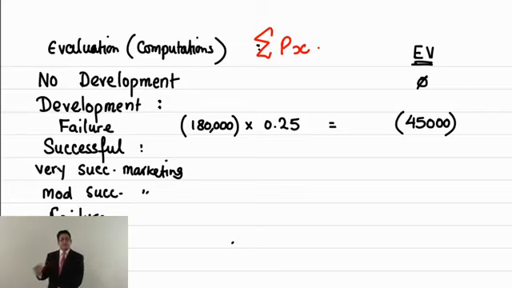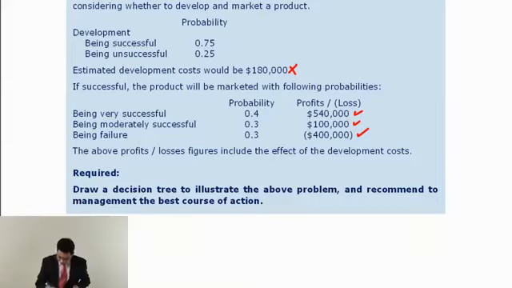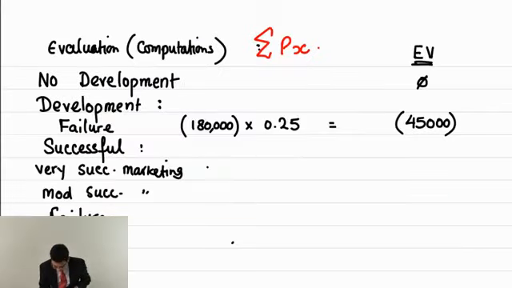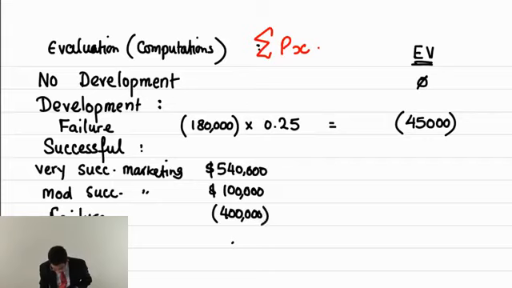Okay, let's pick up the numbers. If our marketing is successful, we will make a profit of 540, I think. Moderately successful, profit of 100,000, and failure, there is a loss of 400,000.